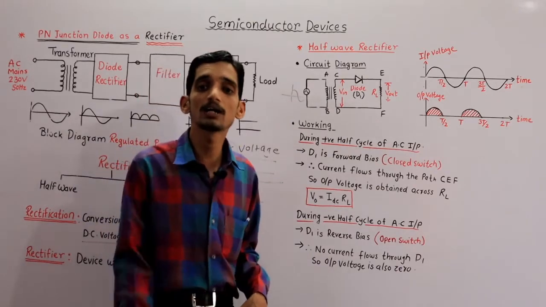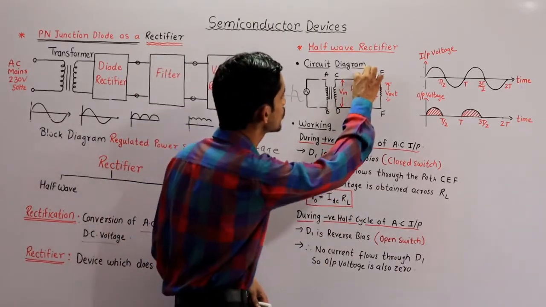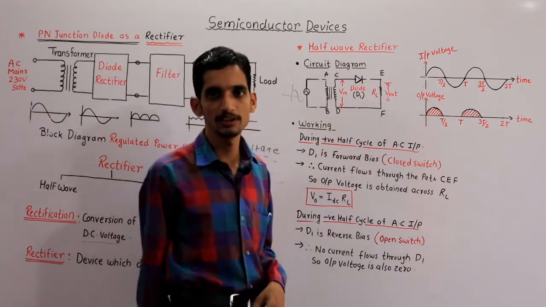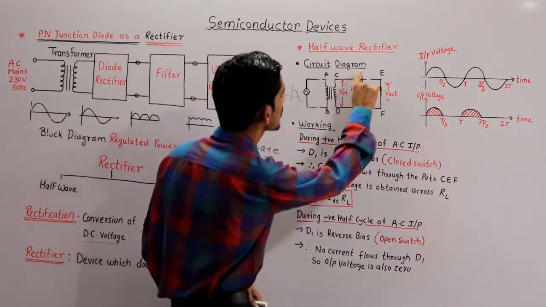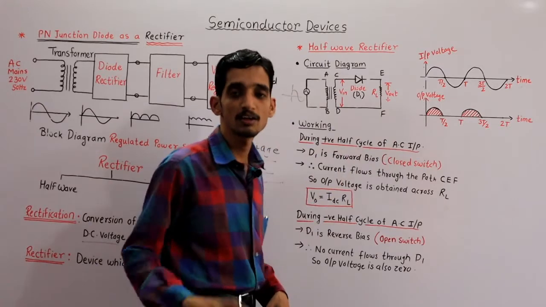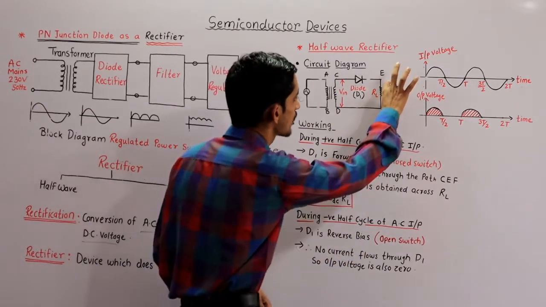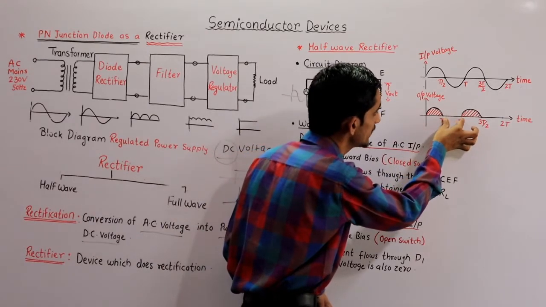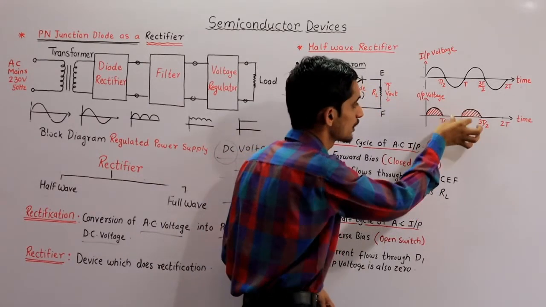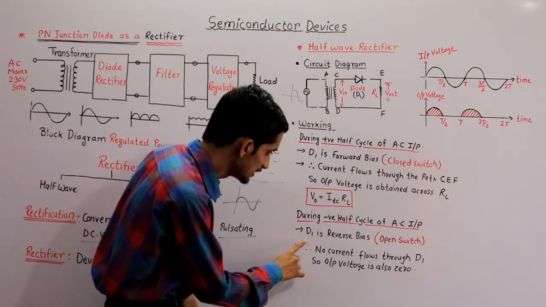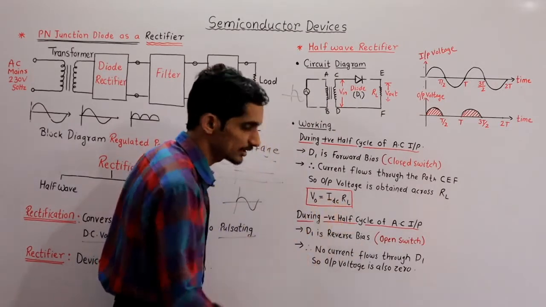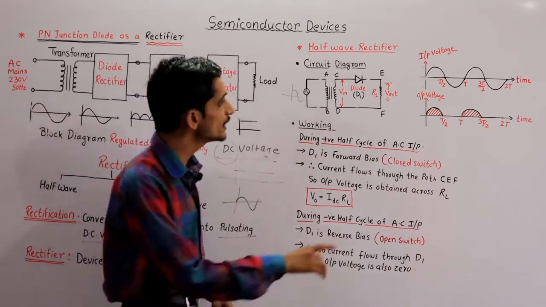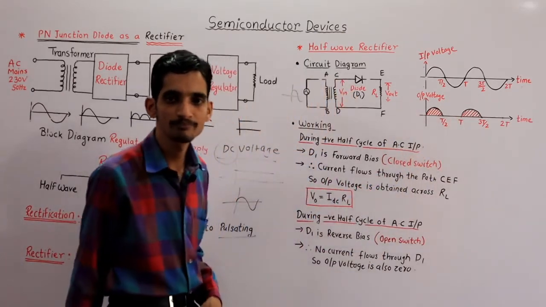So the path is broken in this circuit. There is no path for the flow of current, and current through open circuit is 0. So current flowing through this load is 0. You are not getting any output voltage, because output voltage is equal to I into RL. Current is 0, so output voltage is 0 during the negative half cycle.